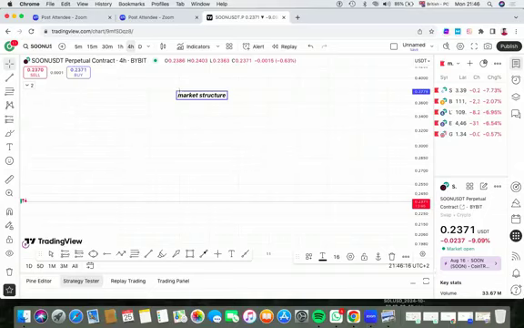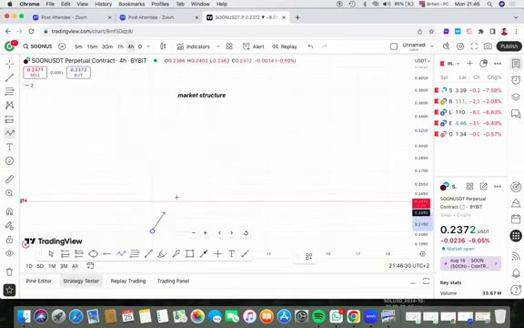Firstly, we have our market structure, and if we are in an uptrend, you see something like this.